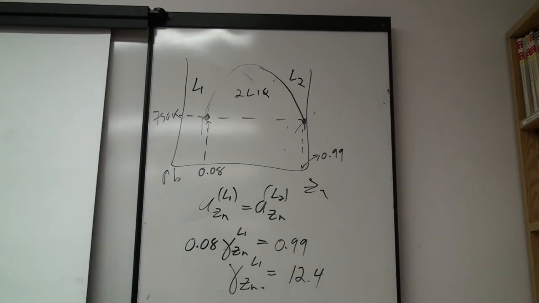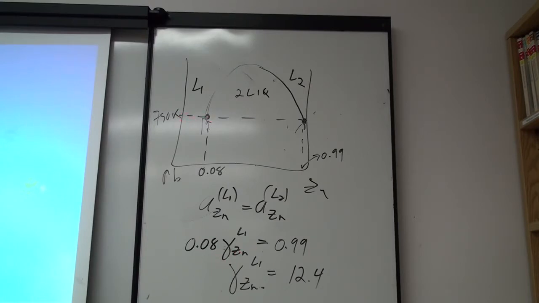Now I'm assuming, I have to make an assumption, that at 8% the solution here is Henrian, which is not perfect, but it's not too bad. This is the gamma zinc at that point. The actual liquid after we pump it down is going to be way over here, but we're assuming that the gamma remains constant.